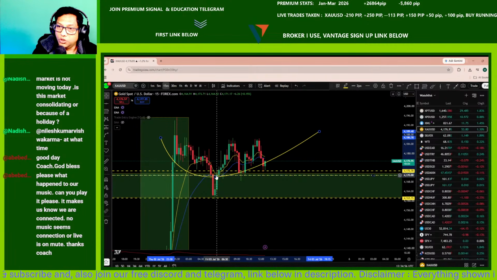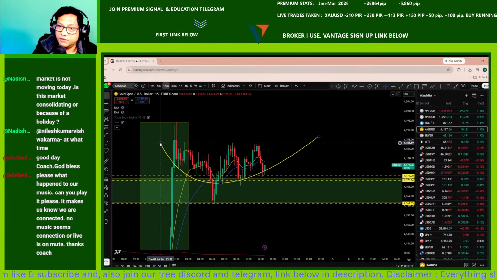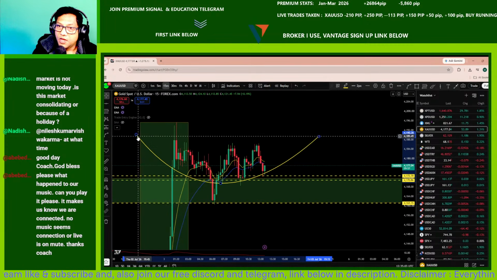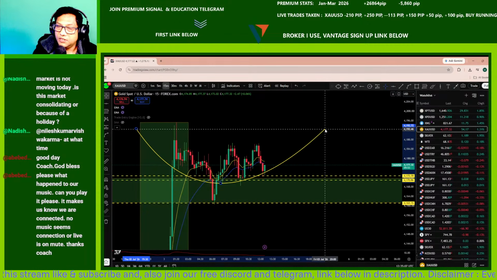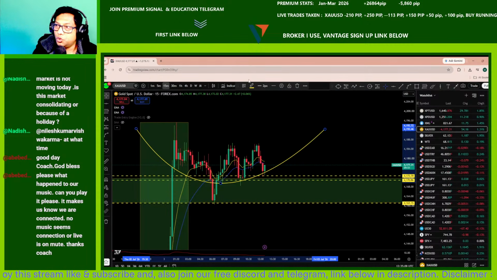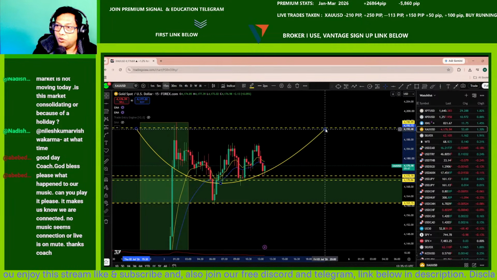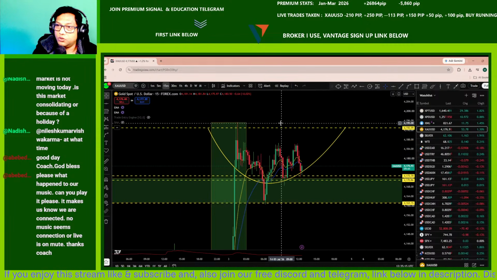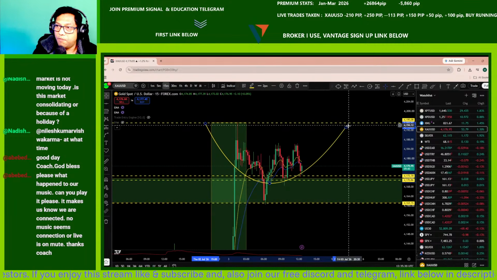All right, so this dynamic support level, this is a dynamic support level, is a broad pattern, and with this movement you can see the price action. If you look at it, this is the zone where the market might potentially bounce back to the upside.